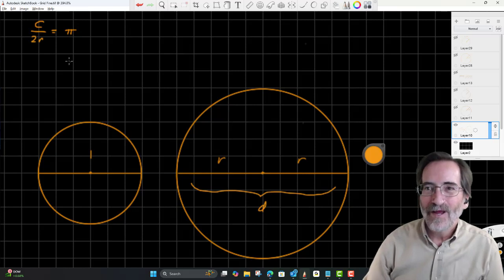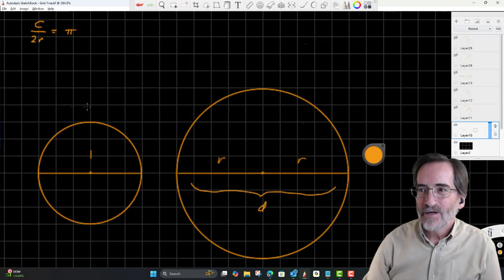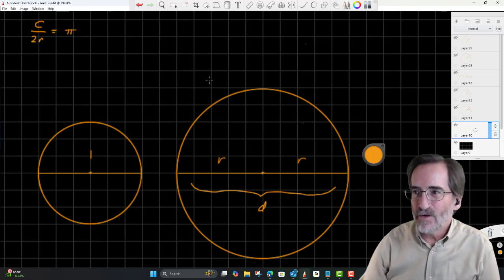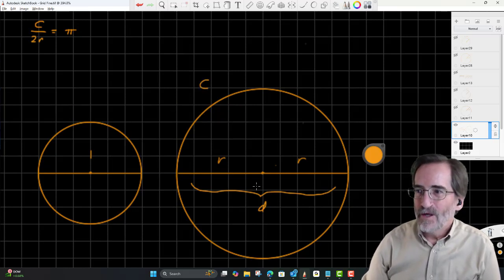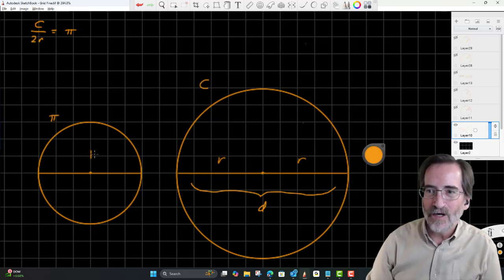And so what we notice here is that if I take the circumference of this circle and divide by its diameter, if the diameter is 1, then the ratio is pi. Pi divided by 1 is pi.